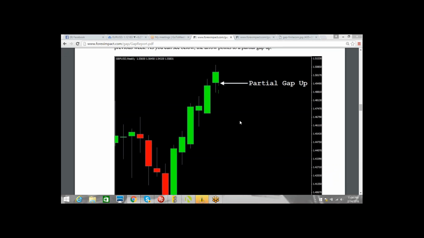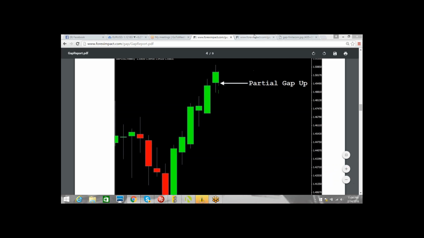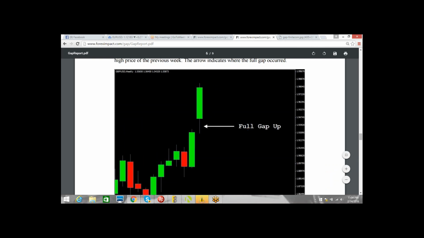Exactly. Here's what you're looking for in a full gap. A full gap occurs when the opening price opens above or beyond the previous bar's high or low range. So higher than the close and past the wick. An example of that would be right here.